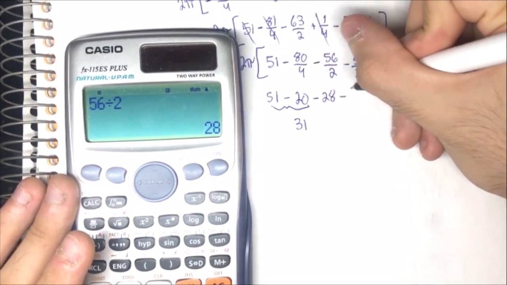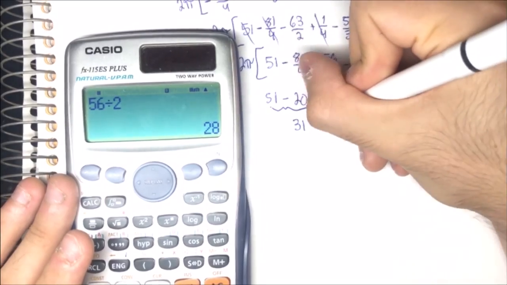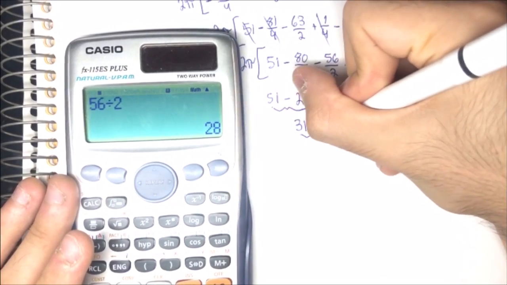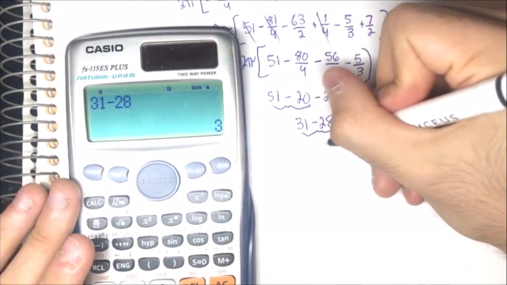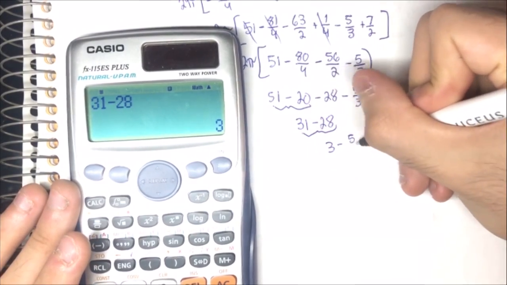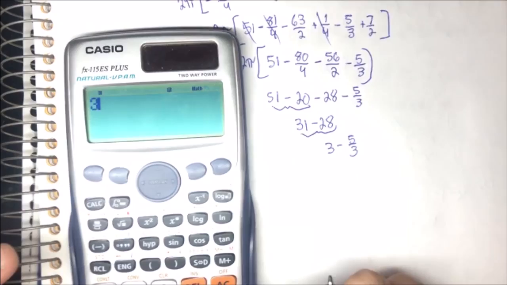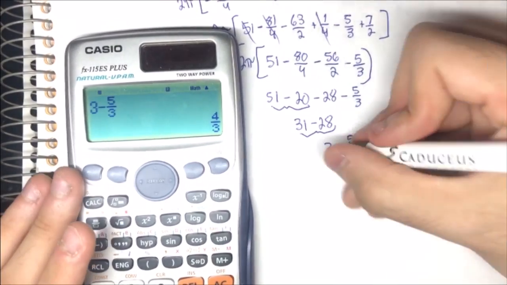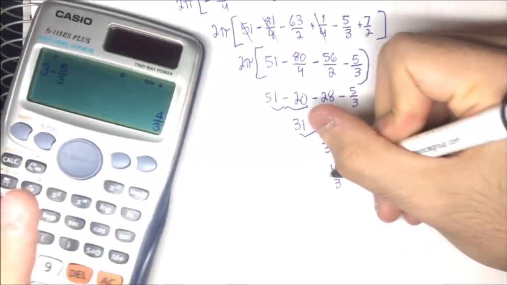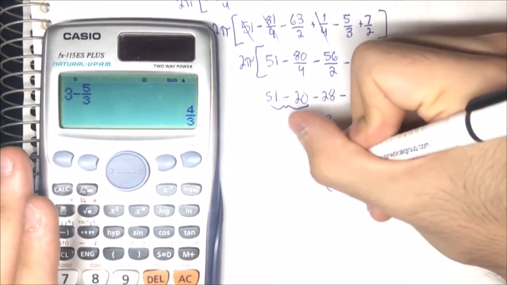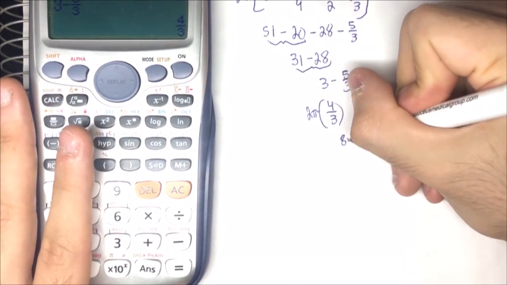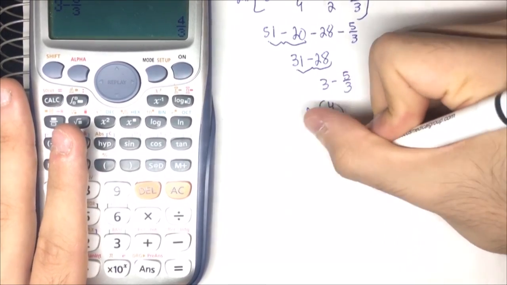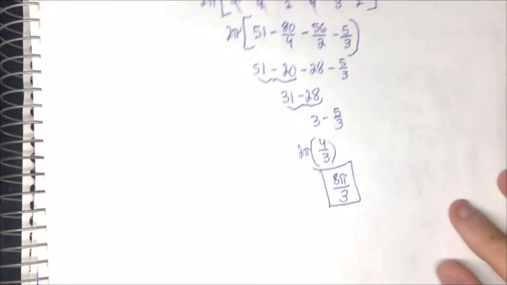So minus 28 minus 5 over 3. So minus 28. This part here, 31 minus 28 gives us 3, minus 5 over 3. So 3 minus 5 over 3 gives us 4 over 3, still being multiplied by the 2 pi. So that gives us 8 pi over 3, and that is our final answer.